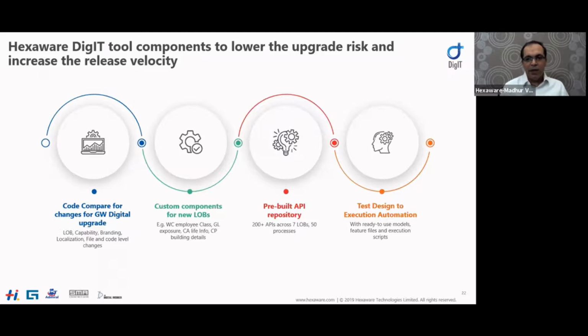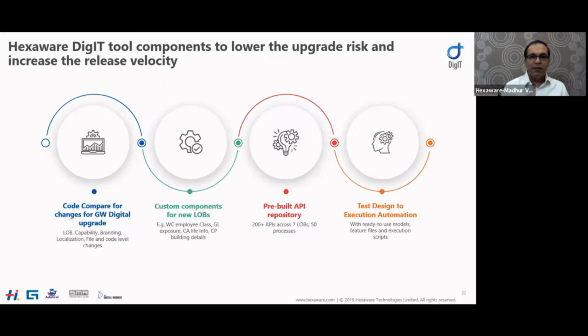The second bit that I would want to cover is the test automation piece. There again, we have built a test automation suite, both for a model-based testing approach, and a BDD approach, which is gaining a lot of traction these days; a lot of insurers are adopting the BDD approach. So we have pre-built models for the Digital 11.1 portal, and also ready-to-use feature files for insurers who want to go with the BDD approach.